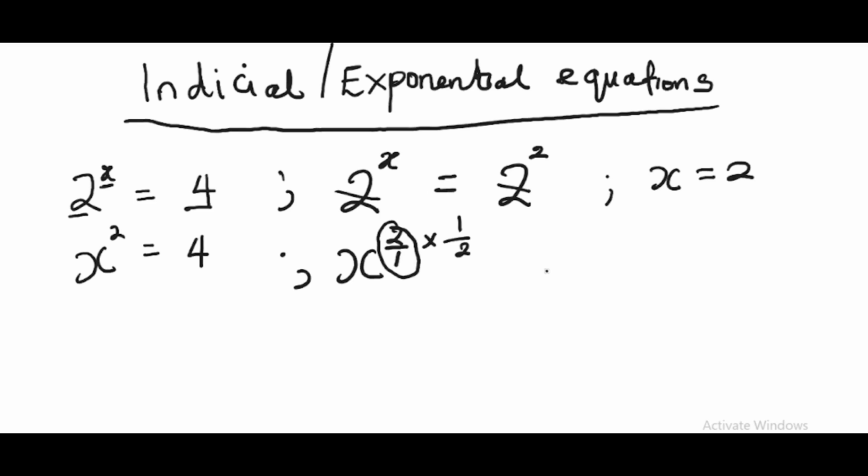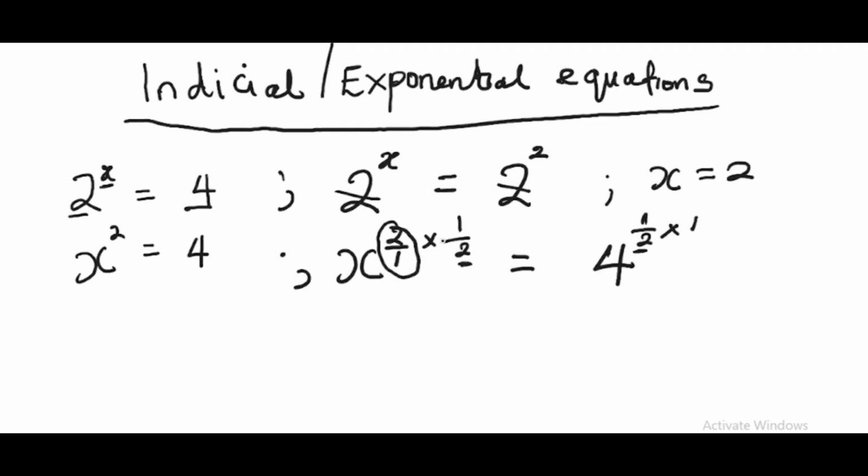So we have it equal to 4 raised to the power of 1 over 2. If you multiply this by 1 over 2, you also multiply the power of 4, which is 1, by 1 over 2. That is why it's an equation. Whatever you do for this side, also do for this side.